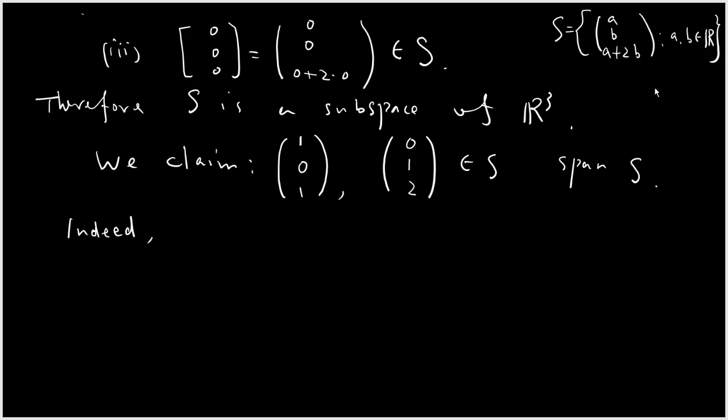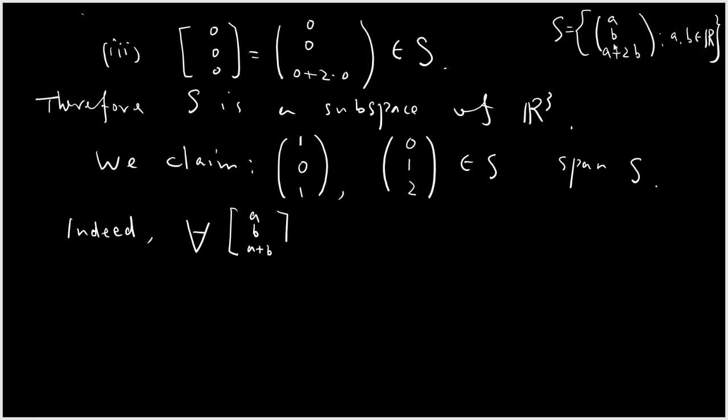I'm going to use indeed this time. So this part is trying to prove that. We want to show every vector in S is a linear combination of the two vectors. So you have to choose an arbitrary vector from S. For every vector, let's say A, B, A plus 2B.